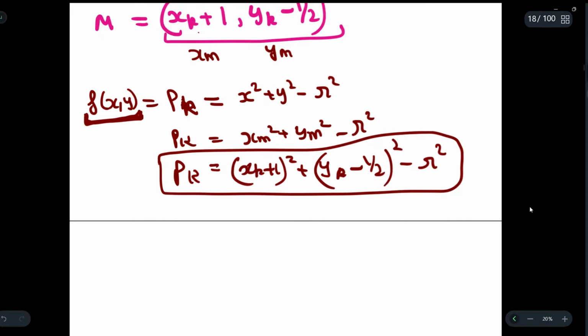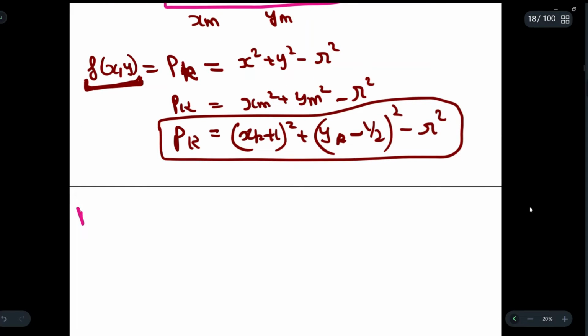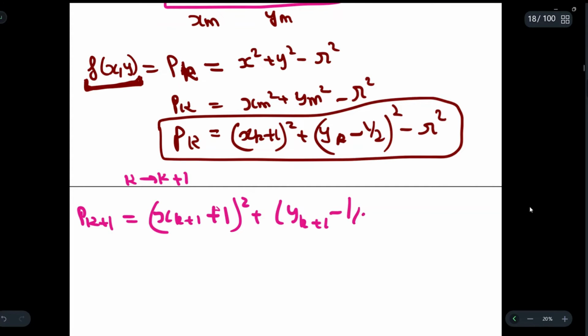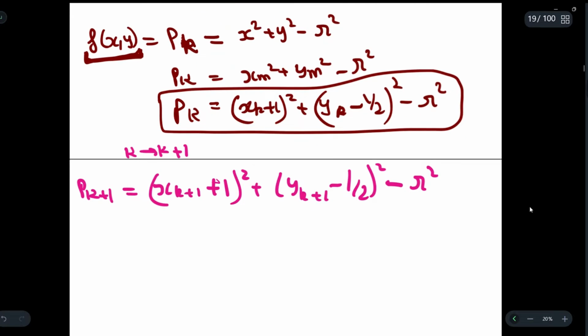Now similarly we will find pk plus 1. We will do nothing, we will simply replace k by k plus 1 in the subscript. That is, we will be writing pk plus 1 as xk plus 1 plus 1 whole square plus yk plus 1 minus half whole square minus r square. Now we will be subtracting pk plus 1 and pk.